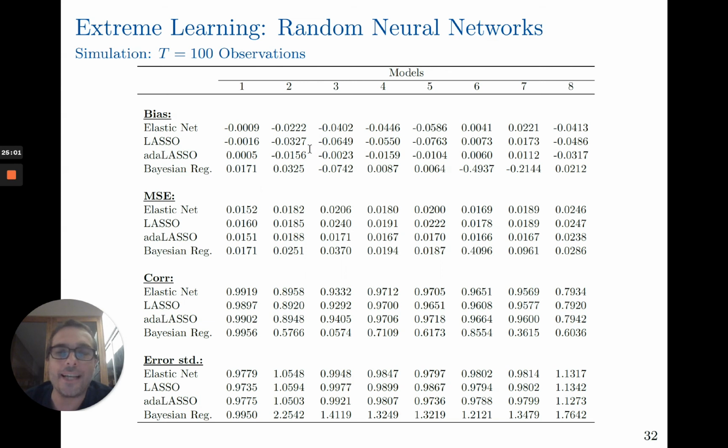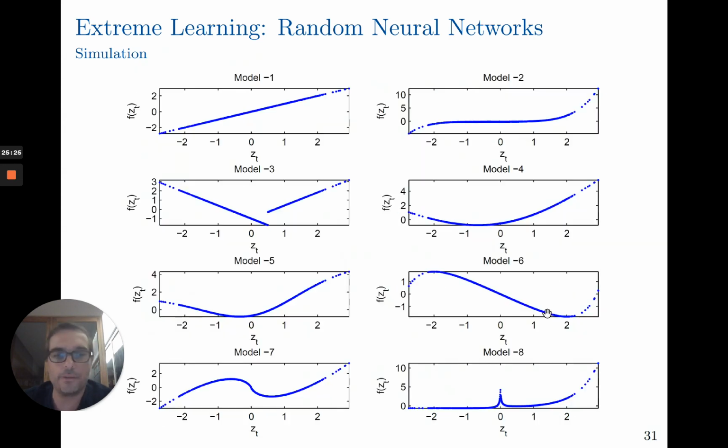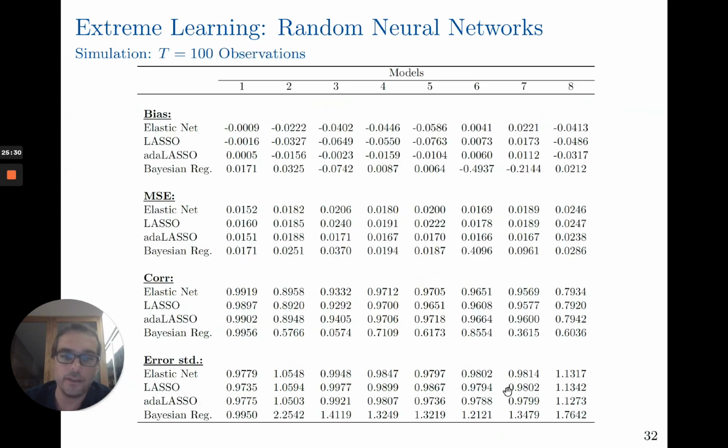But what we can see is that neural networks are doing pretty well, and my randomized procedure estimates things with very, very low bias, small MSE, and high correlation with the true function. Apart from some cases here, and even this number here is Bayesian regularization, not the randomized one. The last function is kind of difficult, but look, oh boy, that's a difficult function with this spike here, right? Otherwise, it's pretty easy.